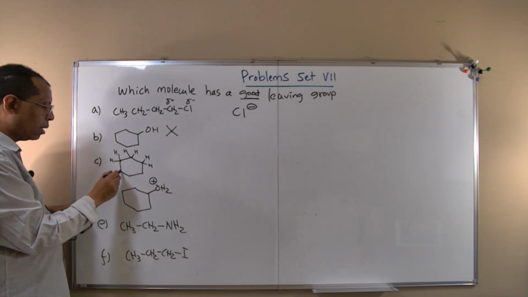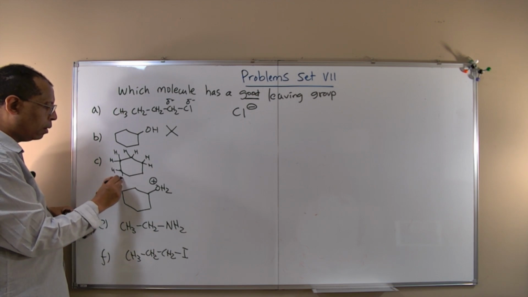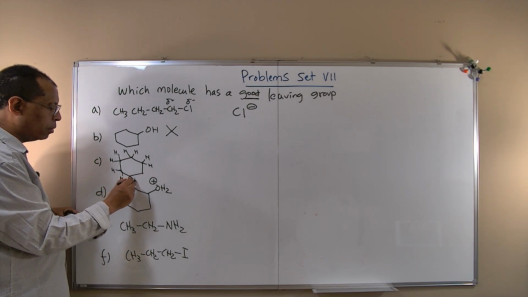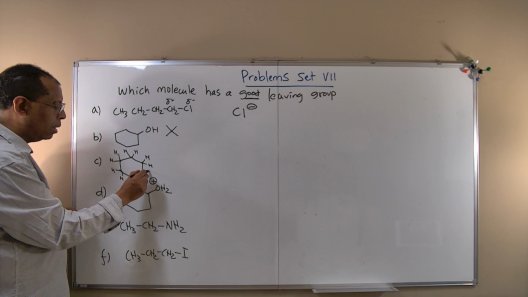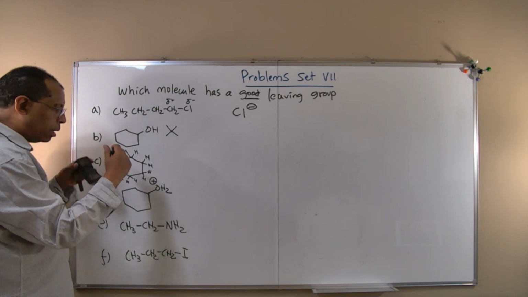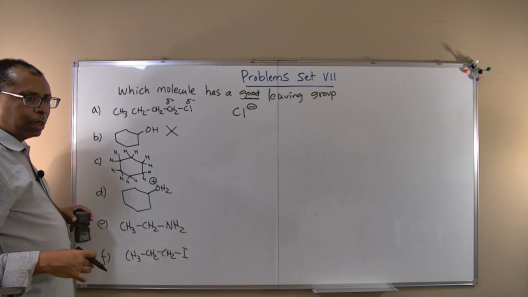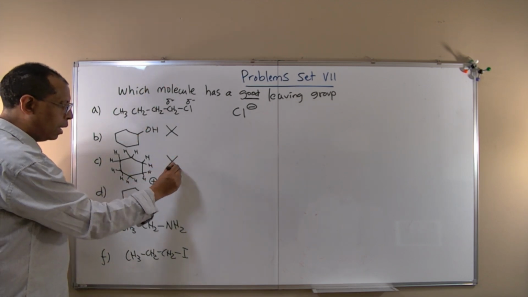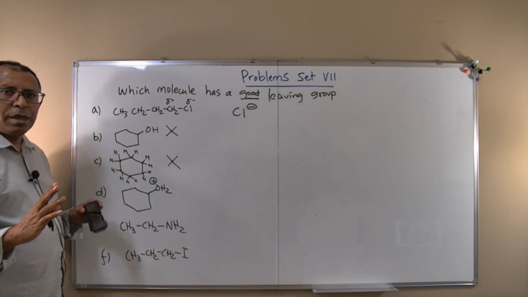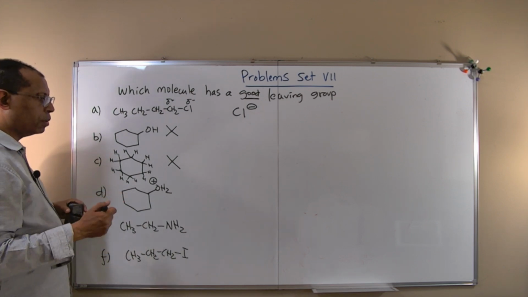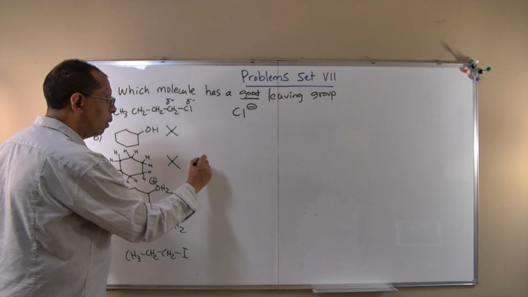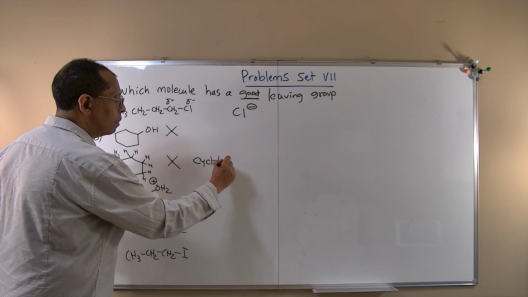Here there is nothing that makes a polar bond. Everything is hydrogen on this cyclohexane, so there is nothing that can be used as a good leaving group. So this molecule doesn't have any leaving group.